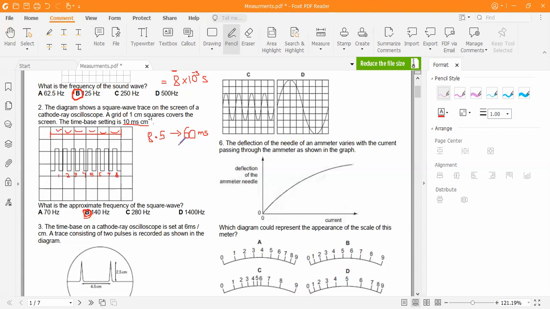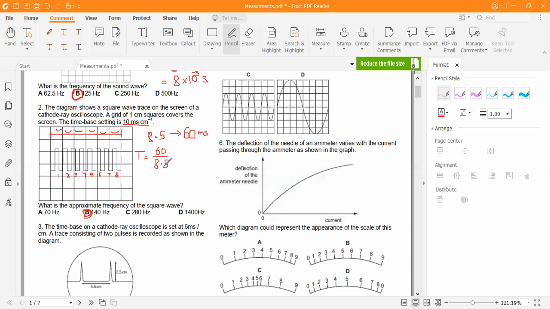So what will be the time period for each wave? It will be basically 60 over 8.5. This will be T. This is not frequency, this is T. This is still in milliseconds. Okay, we have not converted into seconds yet. 60 is in milliseconds, so the answer is going to be in milliseconds.